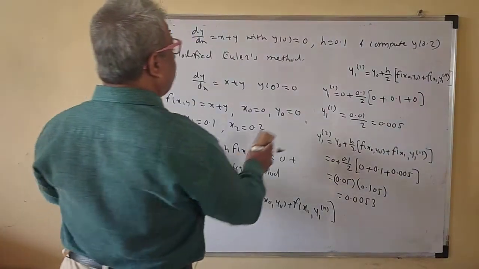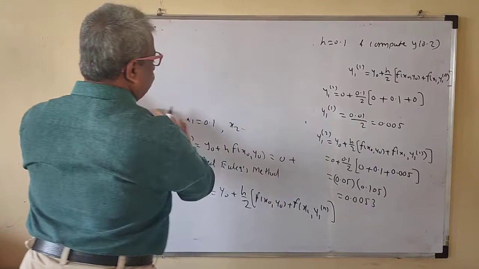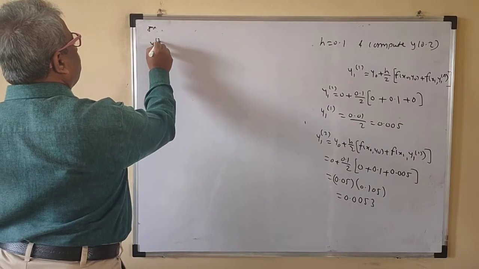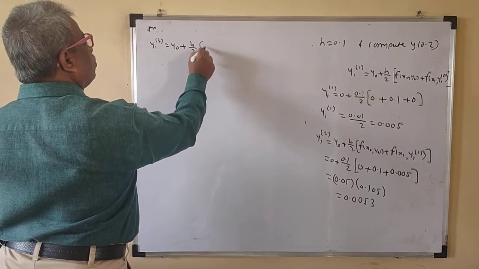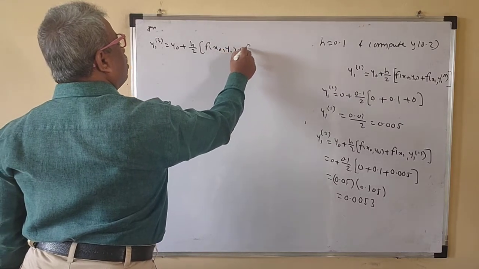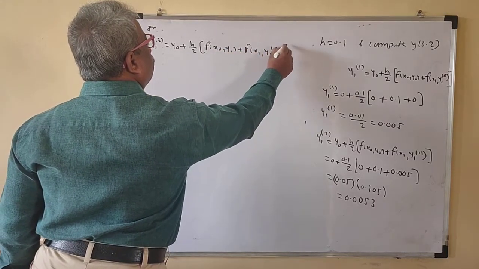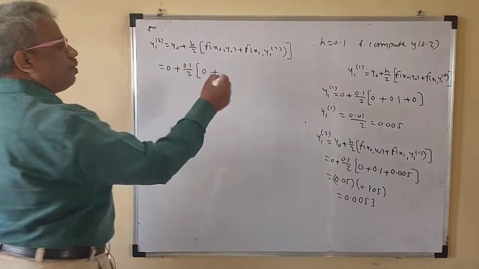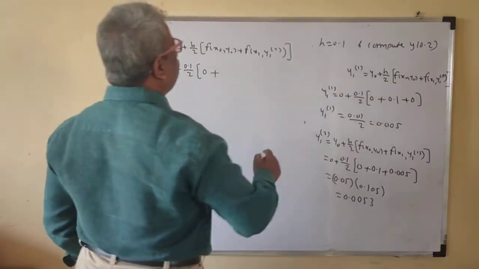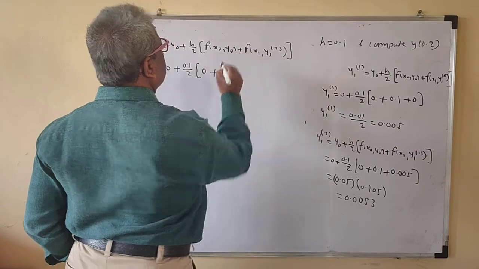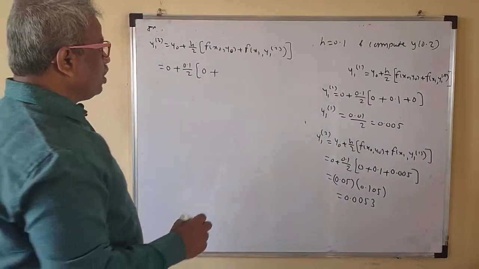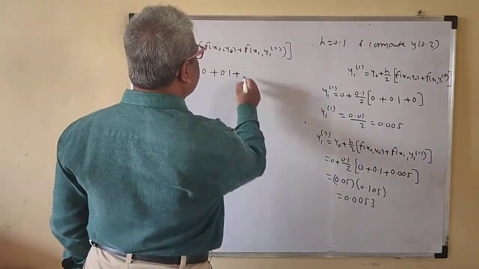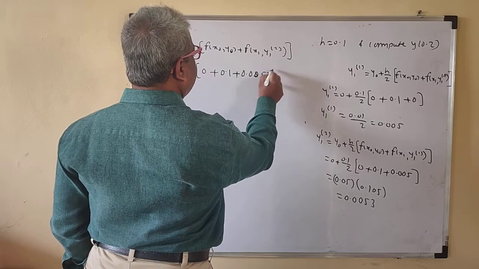Okay. So now we will find y1 of 3. y naught plus h by 2 f of x naught y naught plus f of x1 y1 of 2. So y naught is 0. 0.1 upon 2. f of x naught y naught is 0. Okay. So f of x1 y1 of 2, your x1 is 0.1, y1 of 2 we have just calculated as 0.0053.